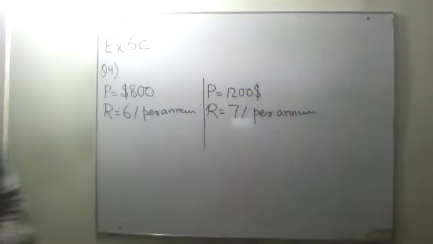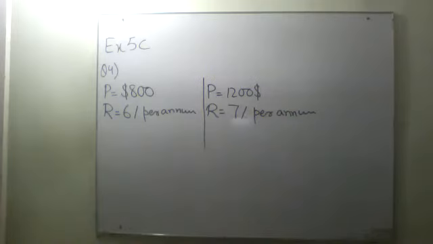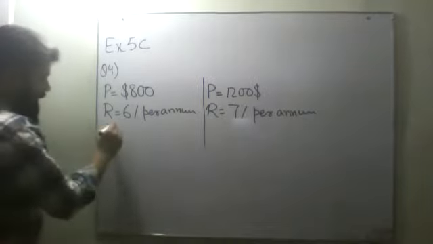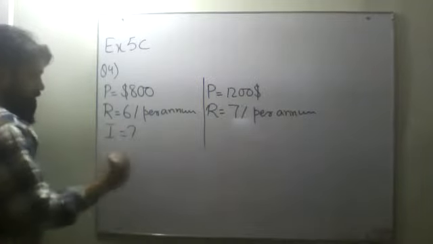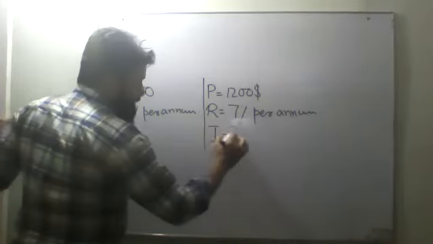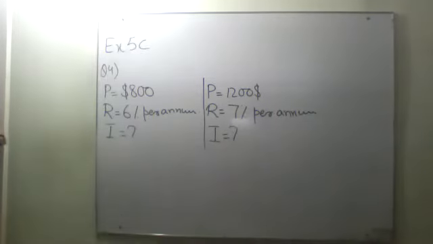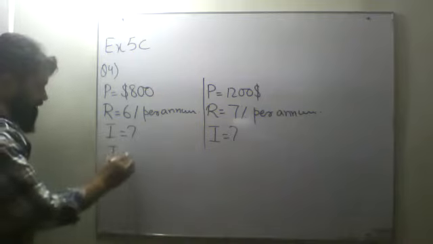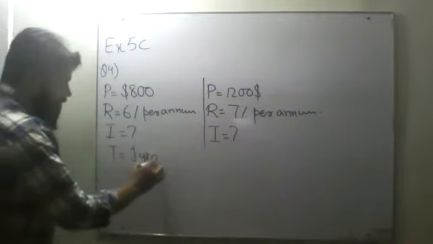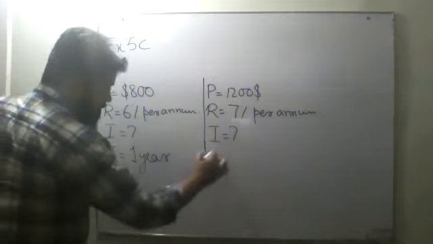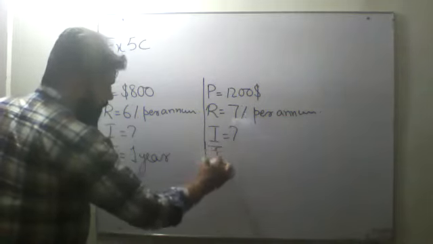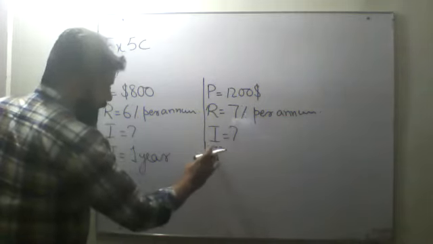What is her total annual interest? I have to find total interest. And they are saying annual means 1, it means I have to find it for 1 year.